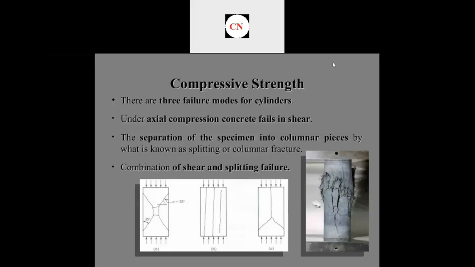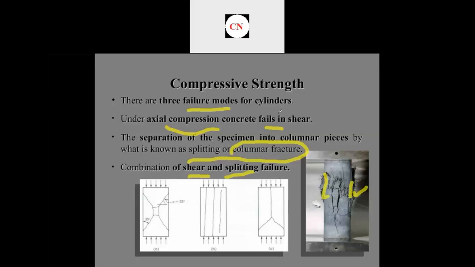If the failure patterns are considered, there are three failure modes for a cylindrical sample. Under axial compression, concrete fails in shear. Or there is separation of the specimen into columnar pieces, known as splitting or columnar fracture, which you are observing here in this particular figure. Or it may be a combination of shear and splitting failure.